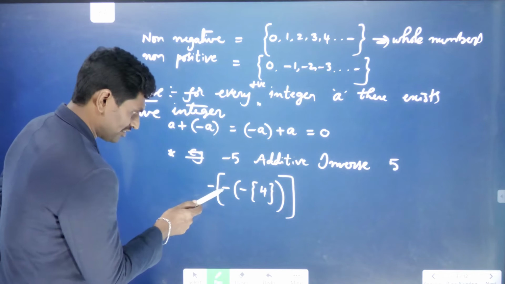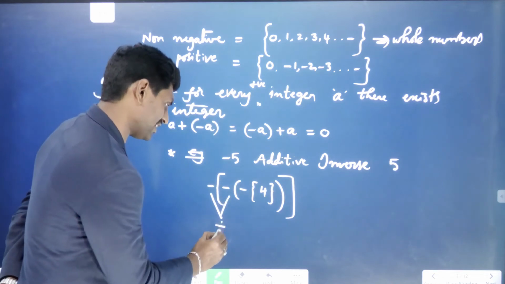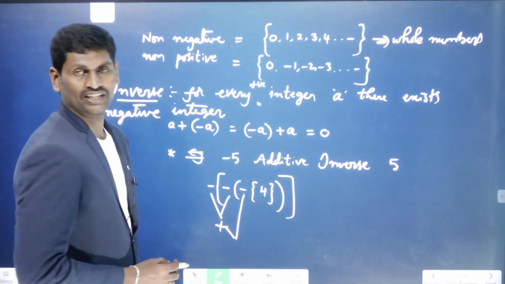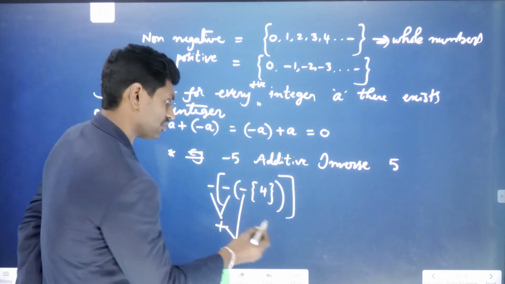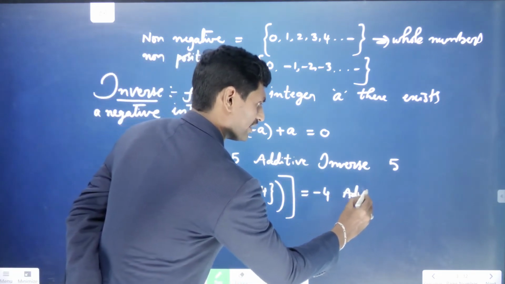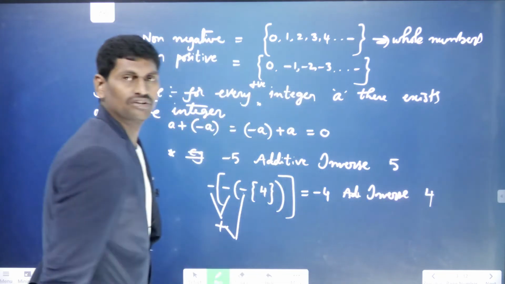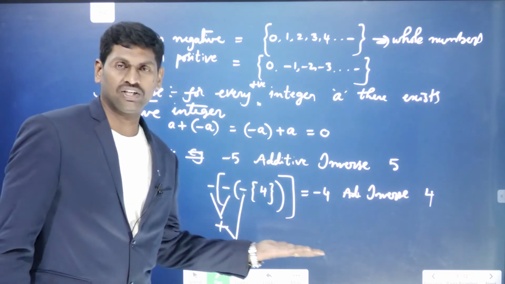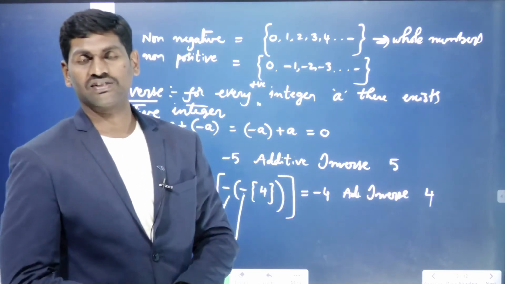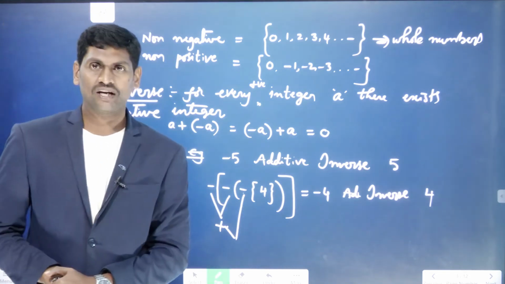Now see here, minus into minus becomes plus, and plus into minus becomes minus. So this is nothing but minus 4 and its additive inverse is plus 4. So first we have to simplify whether it is a positive number or negative number. When we get the conclusion, then we can write the additive inverse easily. Okay? Please note it down, children, or take a screenshot.